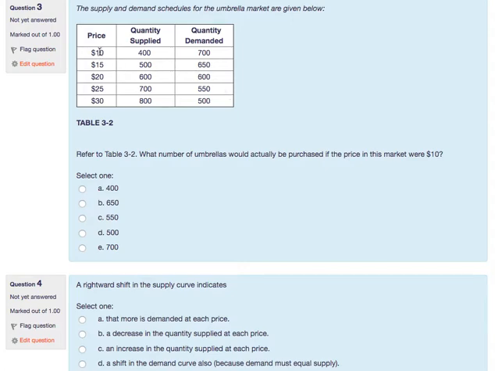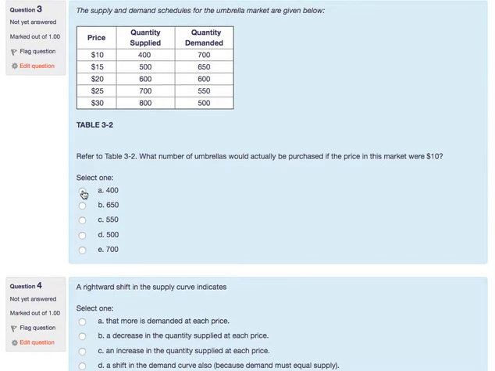However, we can still see that if the price was $10, even though 700 units would be sold if they're produced because there's enough quantity demanded at that price, if there's only 400 units supplied, you cannot sell more than 400. If there's just 400 umbrellas available, even though there's people demanding 700, there's only going to be 400 units sold.